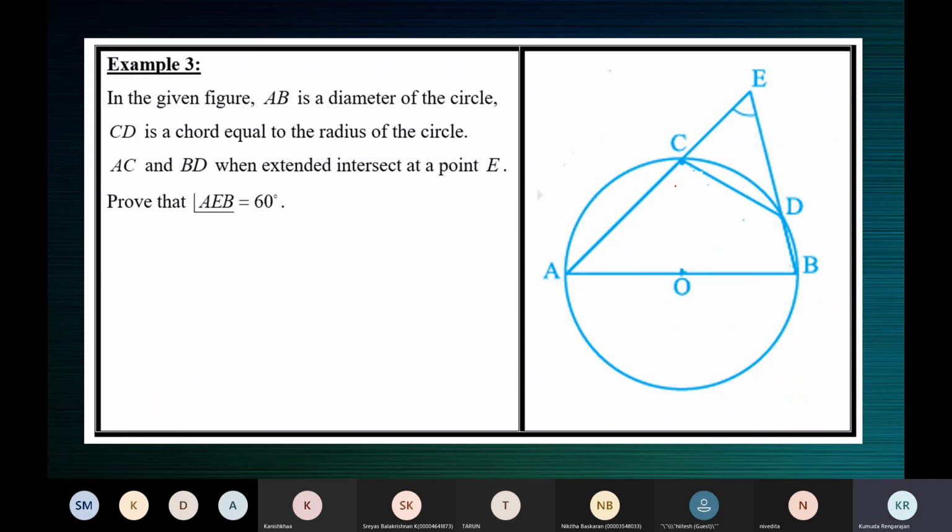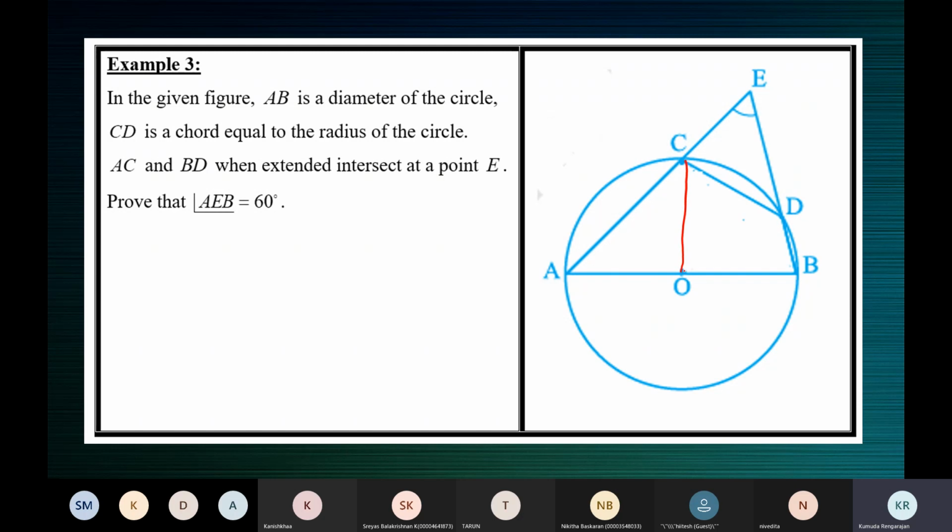All right, children. So the construction, I'll tell you why. Somehow we have CD equal to the radius. We have CD, a chord whose length is equal to the radius of the circle. So what we do is, we join two more radii, so that the triangle becomes an equilateral triangle. Let's see what happens when we join OC, because CD is the chord.